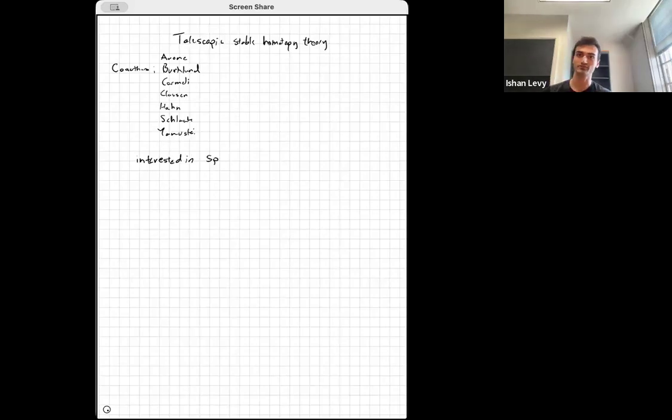For example, it's freely generated as a stable infinity category by a single object, so it's kind of a universal example. It's also the initial symmetric monoidal stable infinity category, maybe with presentable stable infinity category.